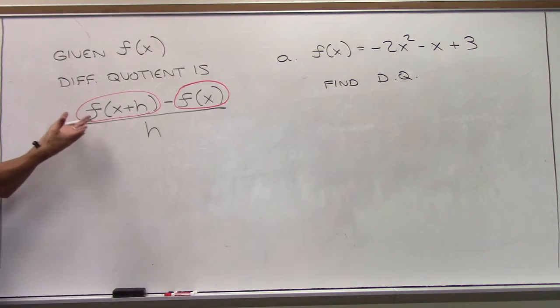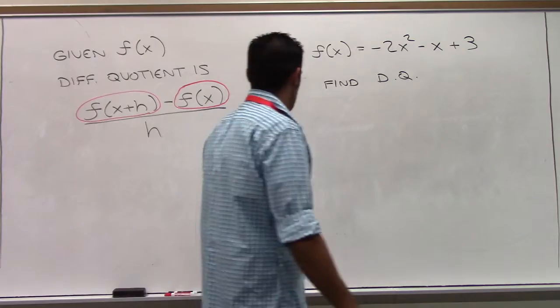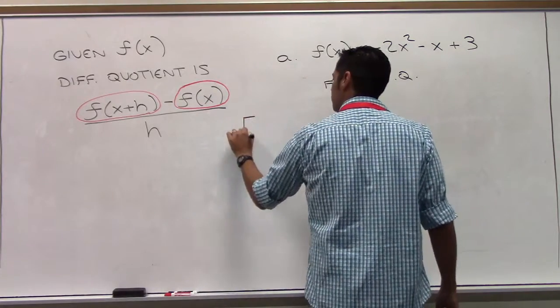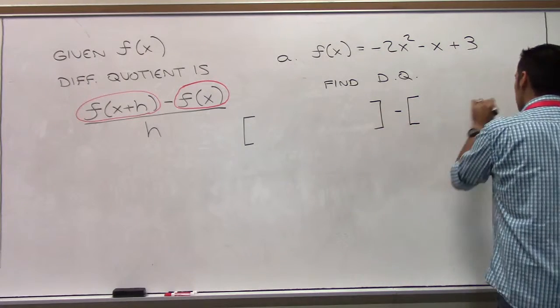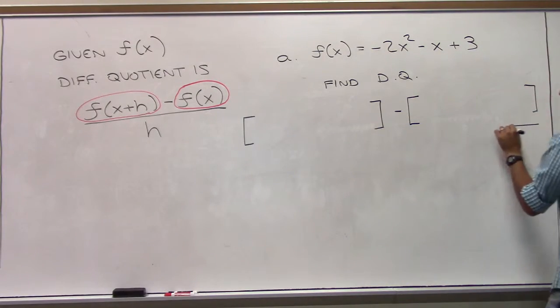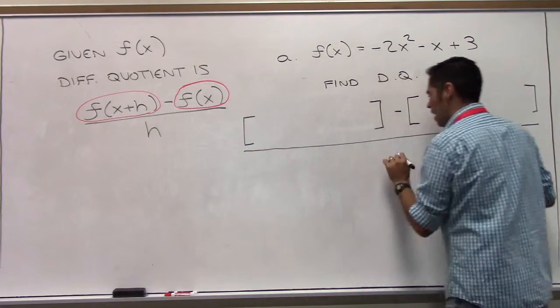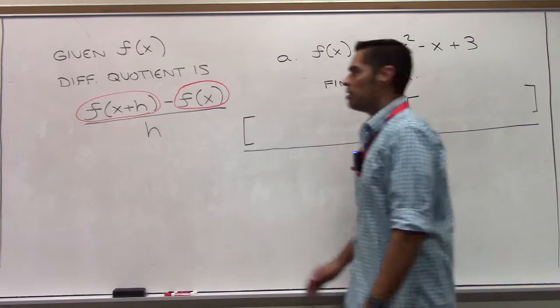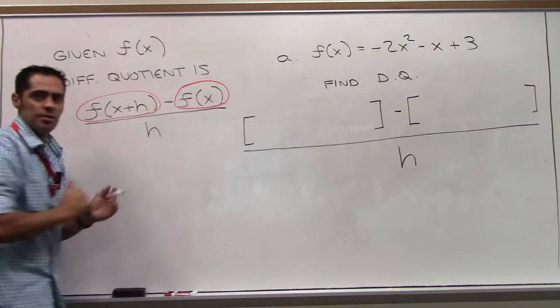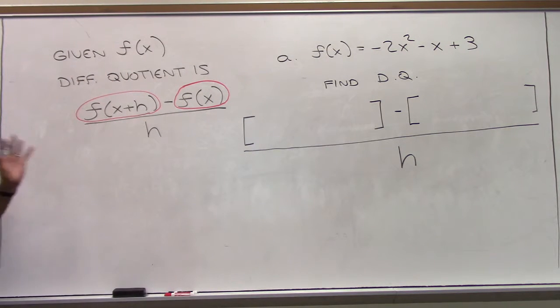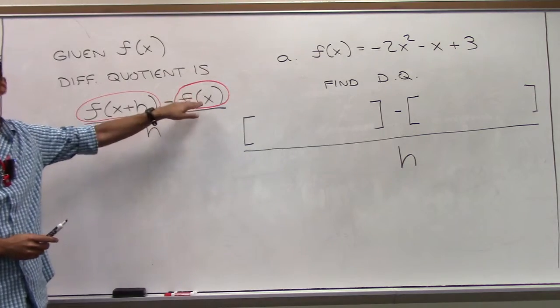So I'm going to set up this ratio. You ready for me to do it? All right. Would you agree that you could look at the difference quotient as being two pieces, top left and top right, all over h? So you have the top left minus the top right over h. You see that? Okay, let's fill in the pieces we know for sure. f of x, that's given to us in the problem.